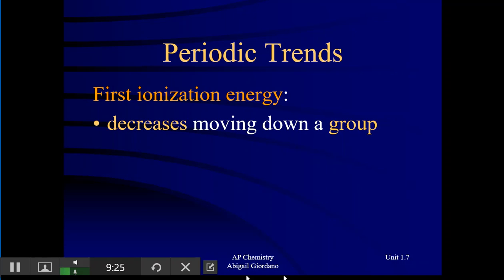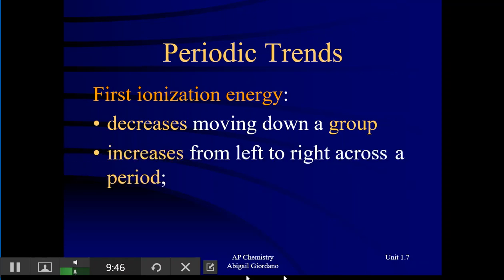When we look left to right, remember, the effective nuclear charge is getting stronger. Same number of energy levels, but increasing number of protons. So as I move left to right, those electrons are being held with a greater and greater attraction. It's going to be more and more difficult to take electrons away. So ionization energy increases from left to right.